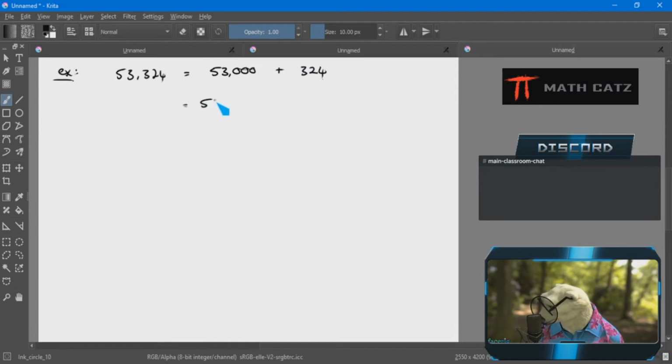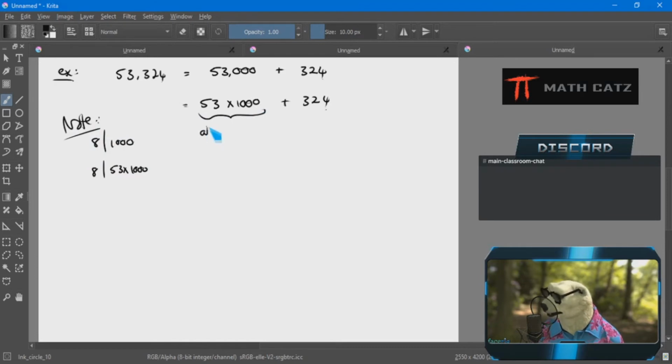Then I see the first number as 53 times 1,000, and of course my 324 is still there. I couldn't use 100 because 8 didn't divide into 100. But 8 does divide into 1,000, 8 times 125. So that means 8 is going to divide into any multiple of 1,000, so this first part is always divisible by 8.